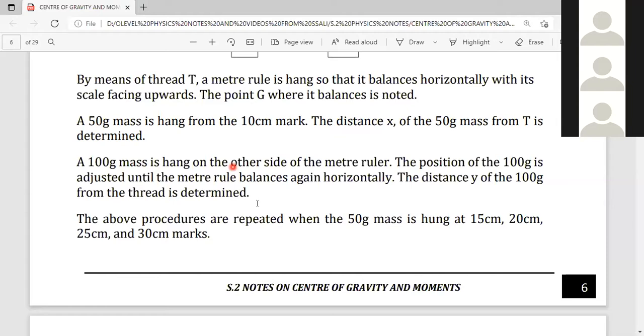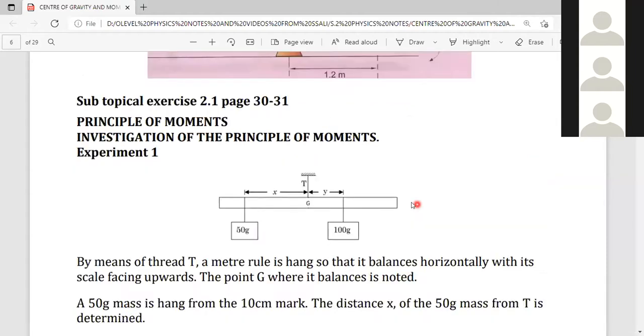Okay, you're seeing the notes? Yes. Are you seeing my spotlight? Yes. So G was at what? What was our G, the balancing point before we put the masses? 50. 50, right? Then Y, the first Y we got was 60.